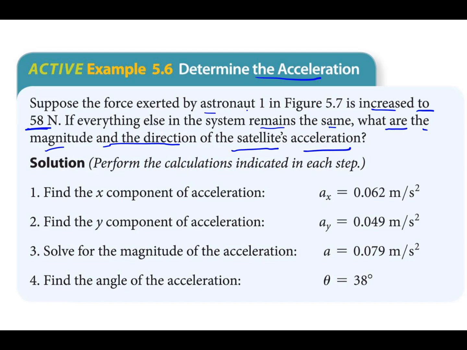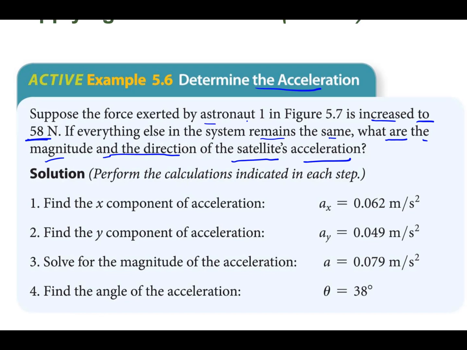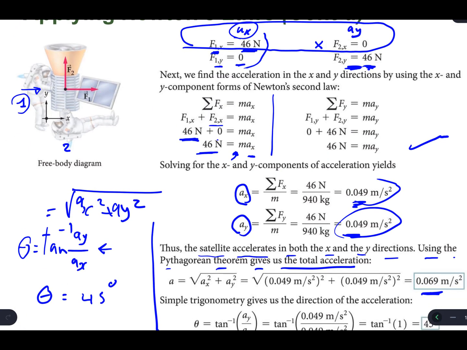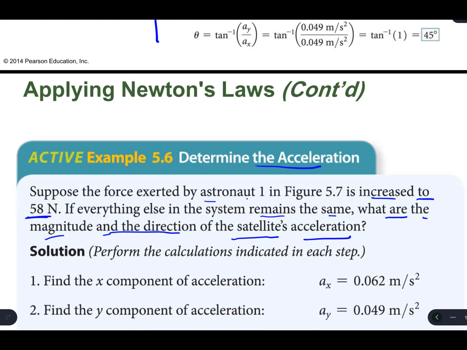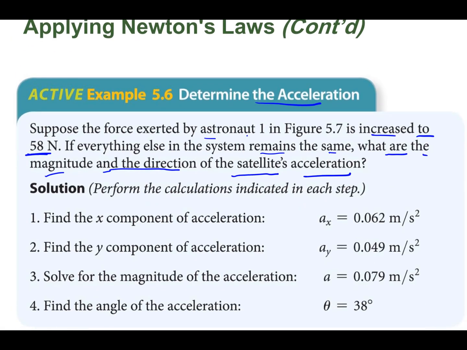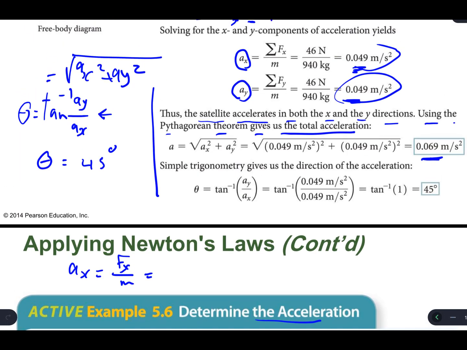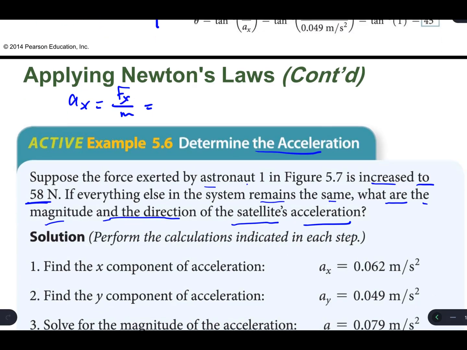Hold on. The first astronaut was pushing in X direction, only in X direction. So the acceleration in X direction will change. AX equals Fx over M. Fx here is the same force he was using. It is 46 Newton.